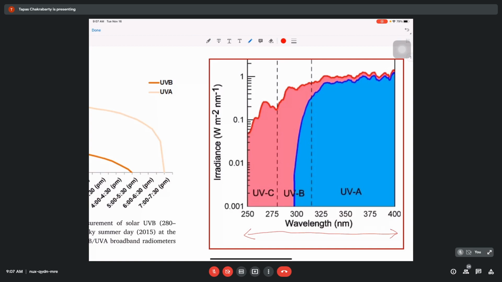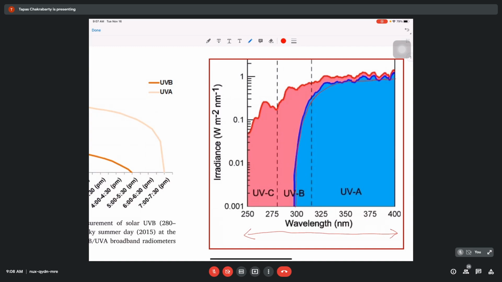Now, this ultraviolet radiation that is emitted by the sun and reaches the lower region of our atmosphere, the troposphere, is usually divided into three parts. This part you already know. That is UVA, and the UVA region is shaded here in blue.